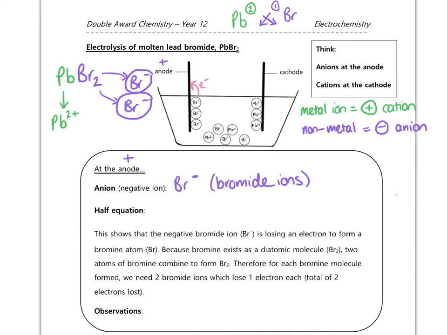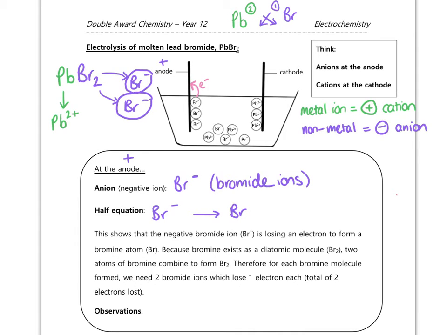So how do we write a half equation for this? Well, let's think about what we start with and what we end up with. What we essentially want to do is go from Br- to Br. How do we do that? Well, we need to lose 1 electron. Can you see how the bromide ion has a charge of -1?